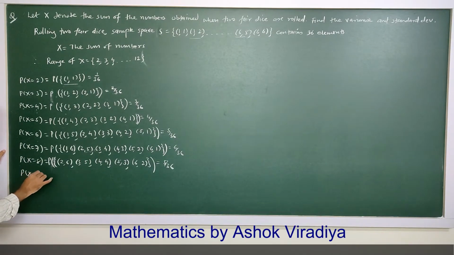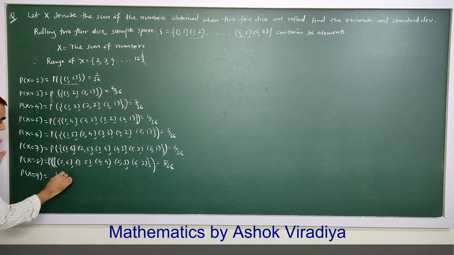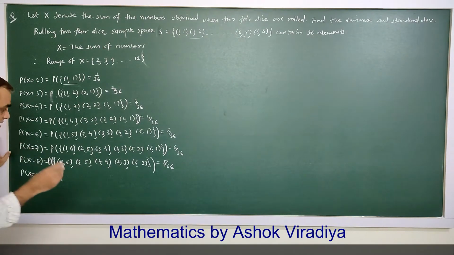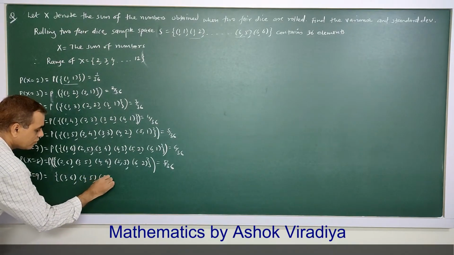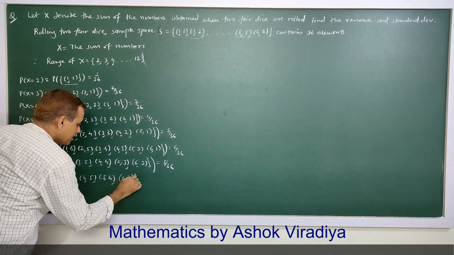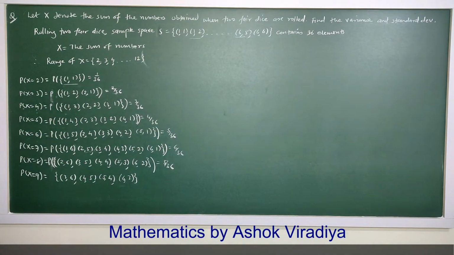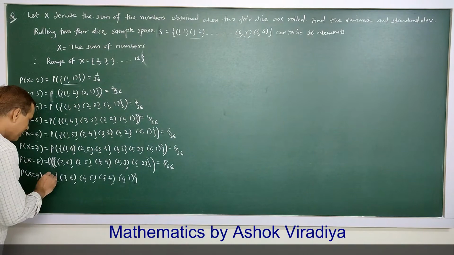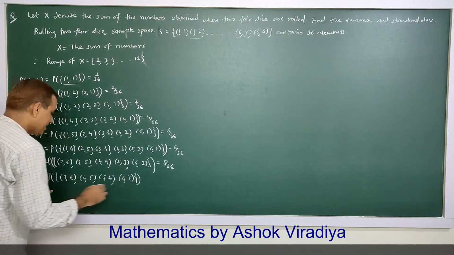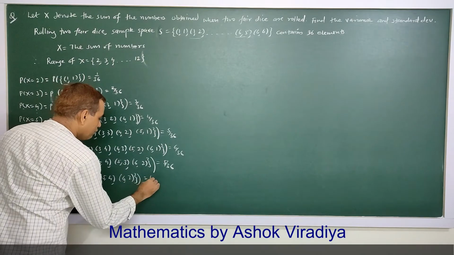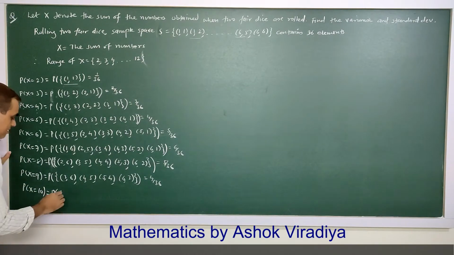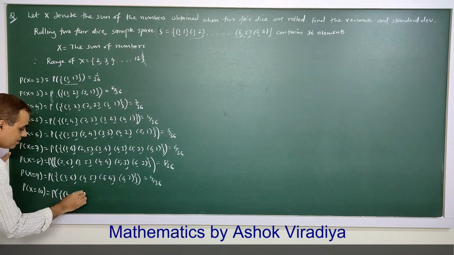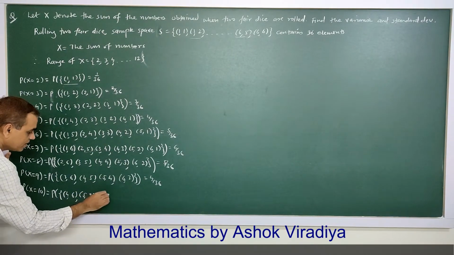P of x equal to 9. So x equal to 9, that is 3 6, 4 5, 5 4, 6 3. So when this event occurs, then x takes value 9. So its probability means the probability of this event. So 1 2 3 4, 4 by 36. Then x equal to 10. So 4 6, 5 5, 6 4.